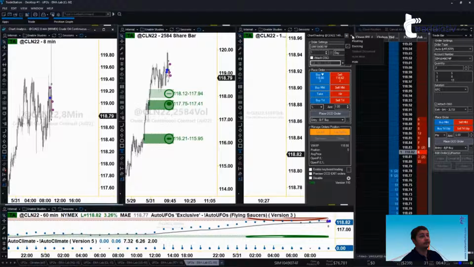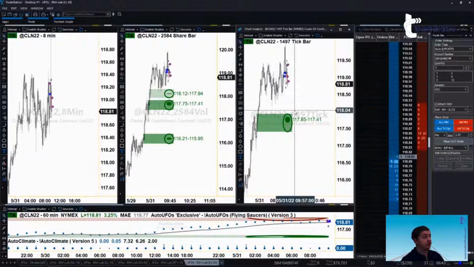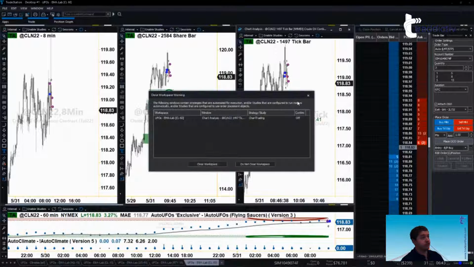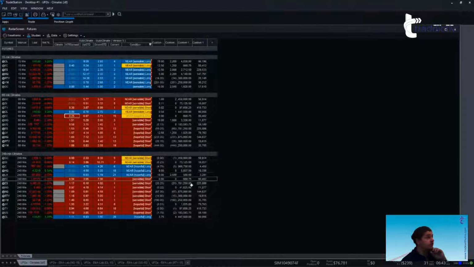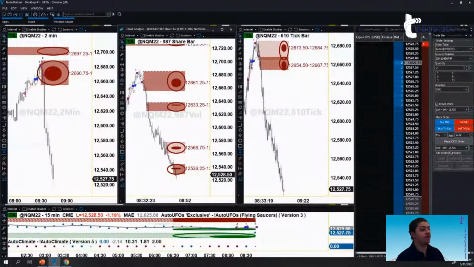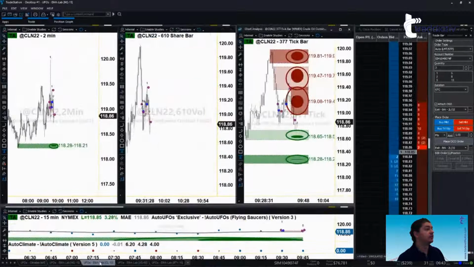Unfortunately, we don't have anything on the crude oil 60-minute to interest us right now. We're just going to go ahead and close it. All right, let's see here. We have a minute 20 to the update of the climate, so we may have something to do shortly.